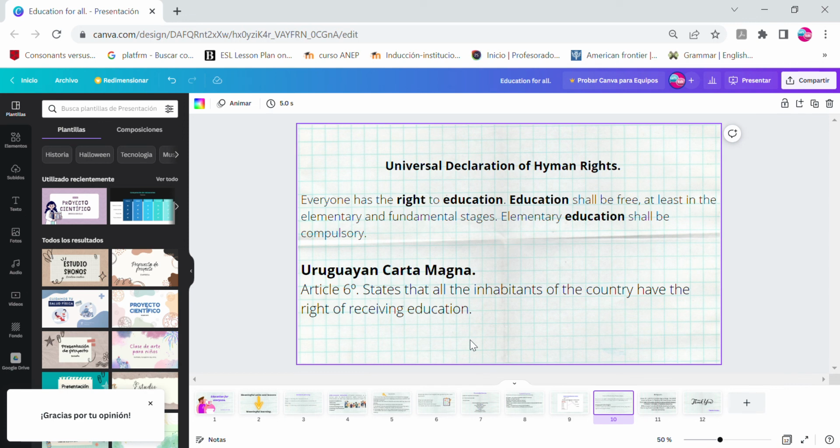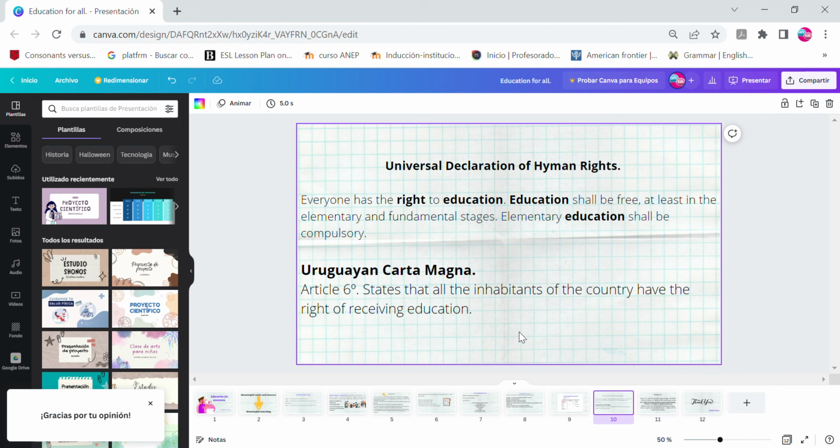Finally, I want to end the presentation trying to explain why I have chosen that title, Education for Everyone. As you can see here, the Universal Declaration of Human Rights says that everyone has the right to education. Education shall be free, at least in the elementary and fundamental stages. And elementary education shall be compulsory.